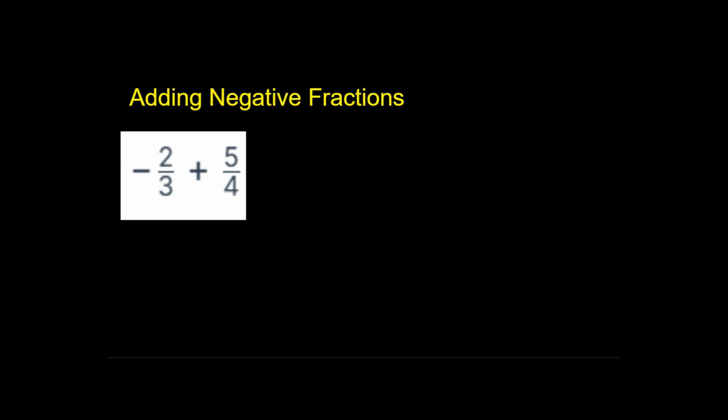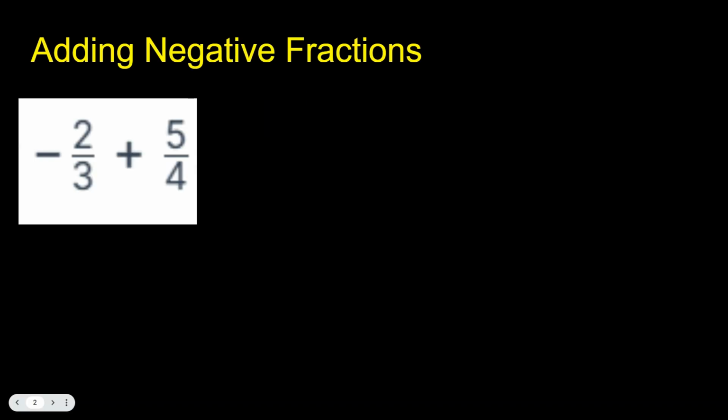Now, how are we going to solve this? Of course, we need to get the least common denominator. We're familiar with the least common denominator. Let us just use our pen first.